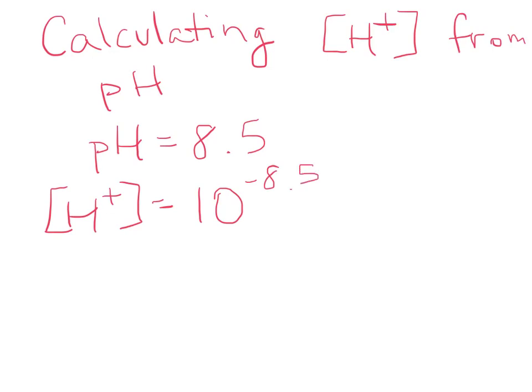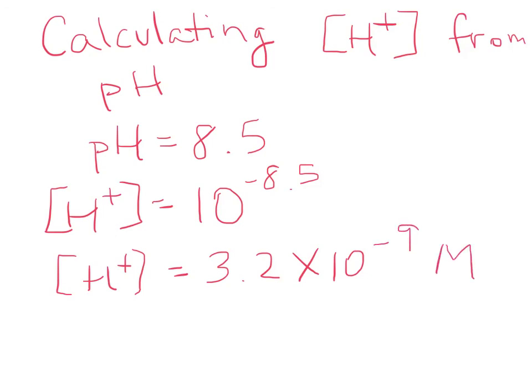When I plug this into my calculator and solve, I end up with 3.2 times 10 to the negative ninth, and that's molar. So there's my hydrogen ion concentration. I'm sure your teacher will give you plenty of things to practice.